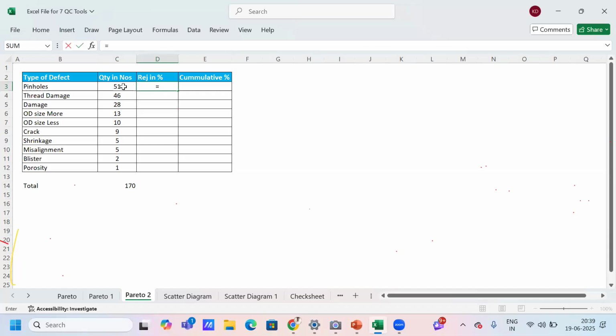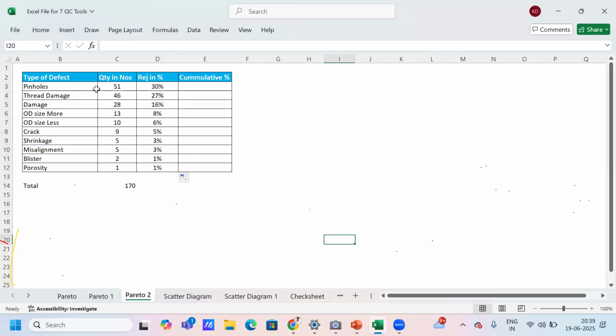I need to calculate the rejection percentage for this divided by this. I will put the dollar sign here. So it is 30%. This is the rejection in percentage. Total should be 100. Yes, 100 is clear.